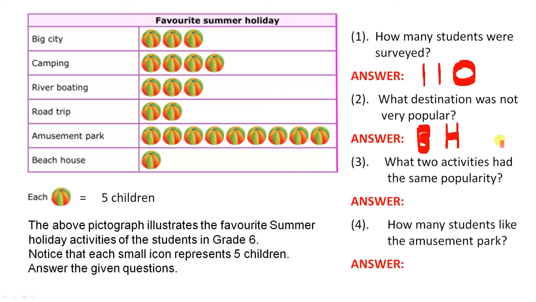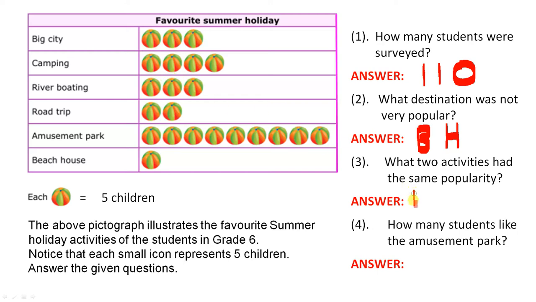What 2 activities had the same popularity? So have a look at the icons. You can see that we have 3 icons here and we have 3 icons there.